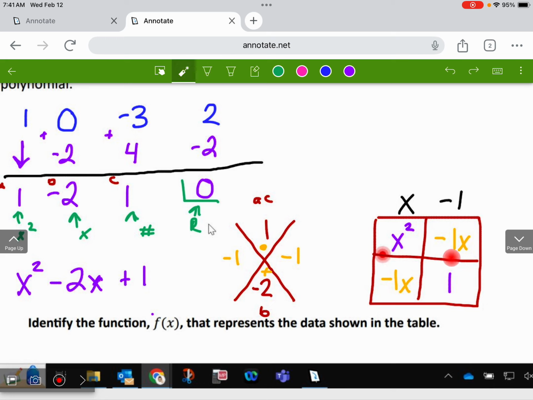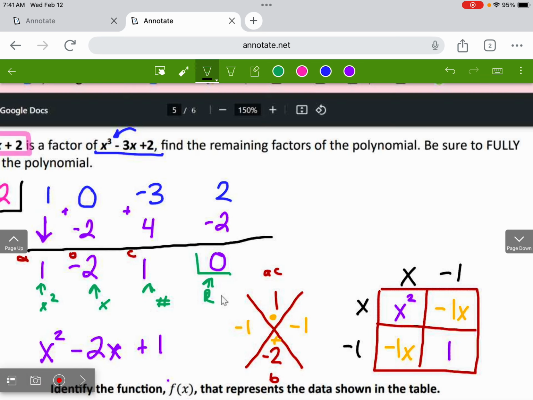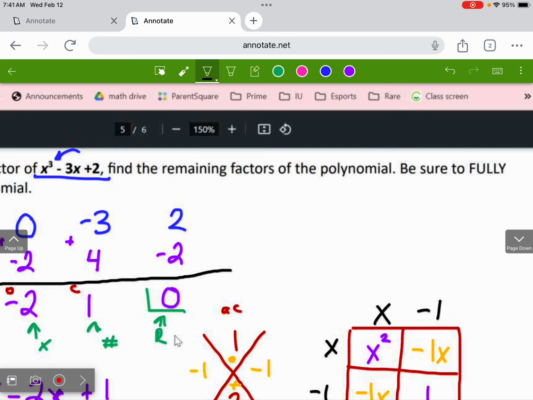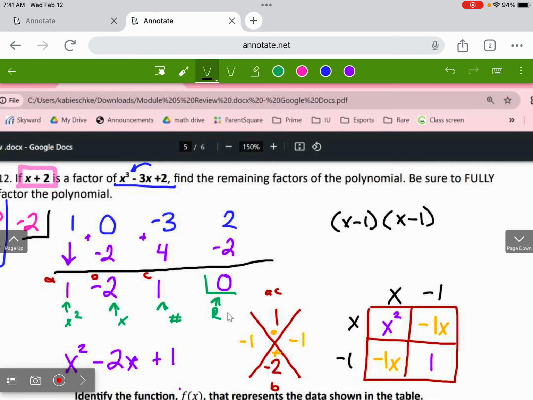What is shared between x squared and minus 1x? An x. And our bottom row, minus 1x and 1? Negative 1. So our factored form of our quadratic piece is our x minus 1 and our x minus 1. And to get our factored form of the polynomial, we need to include our OG guy up here, our x plus 2.